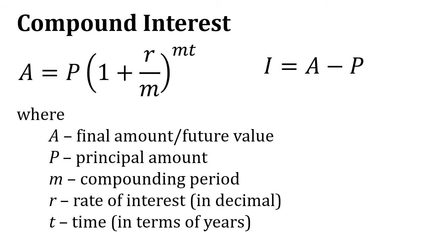So to solve for the compound interest, the first thing that we have to do is to solve for the final amount or future value first. And then after that, let us solve for the interest using the formula I equals A minus P.